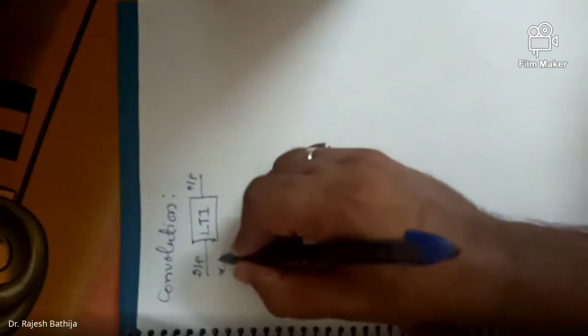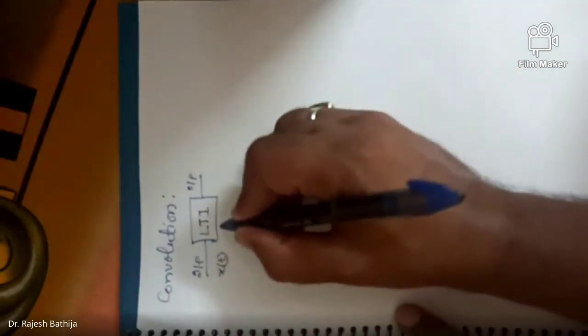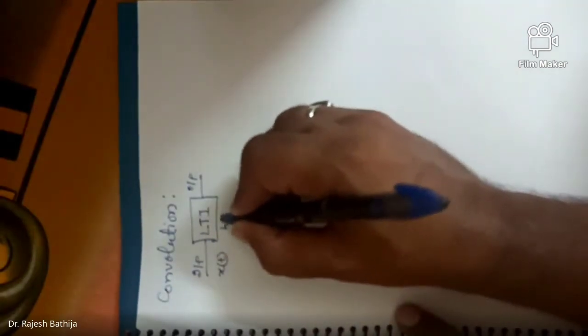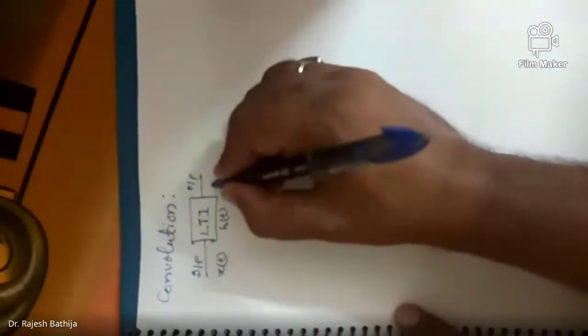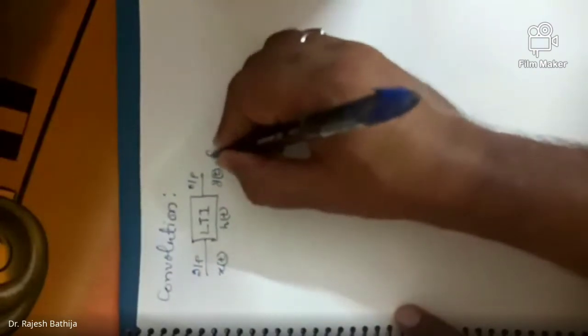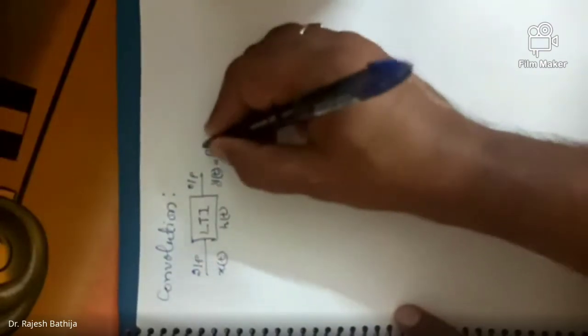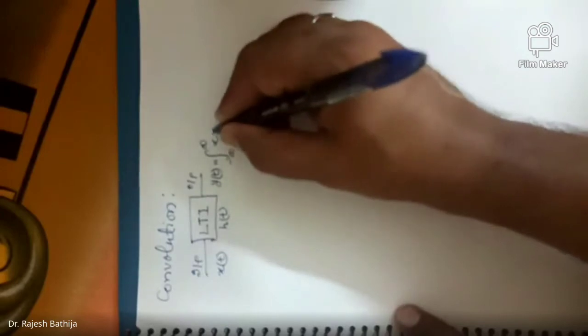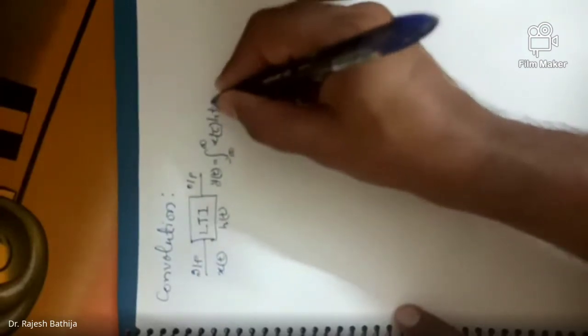If I have input as x of t and the LTI system is given with its impulse response h of t, the output will be y of t, given by integral minus infinity to infinity x of tau h of t minus tau d tau.